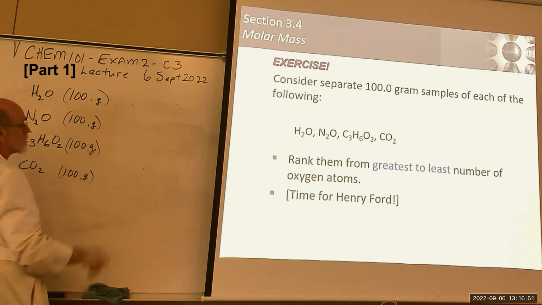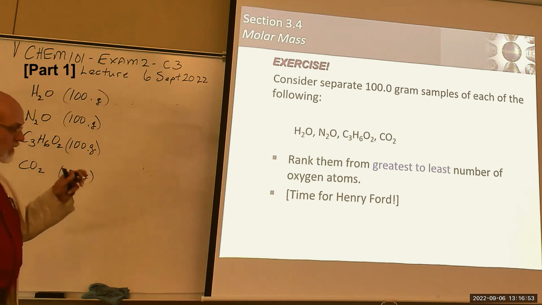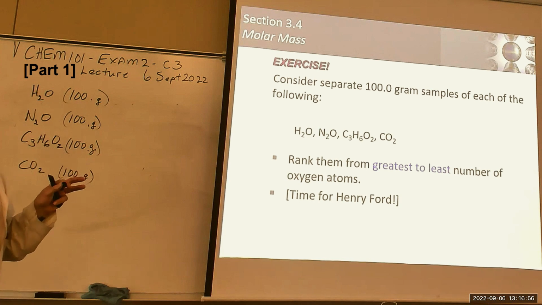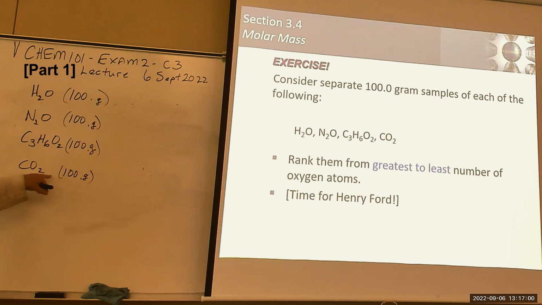We're going to need unit conversions because we want to know the number of oxygen atoms. Well, we can't tell the number of oxygen atoms until we've converted this to the number of moles, right? Because this is mass. We need numbers. So we need the number of moles of each one of these.